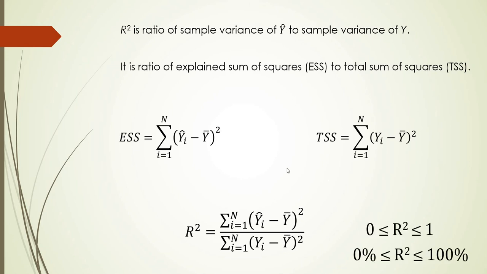R squared is always in the interval from 0 to 1, or from 0% to 100%. So we can easily comment on this and say, for example, if R squared is 90%, then we have explained 90% of the variations of our dependent variable y.